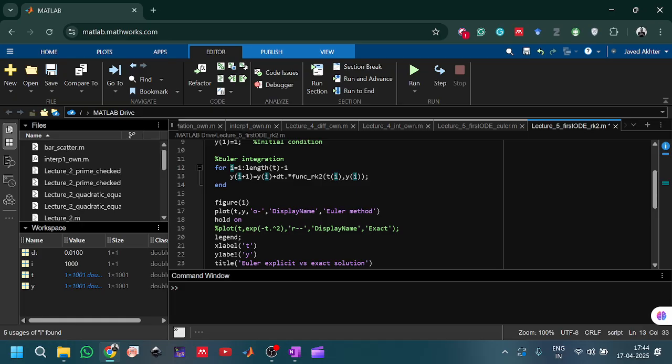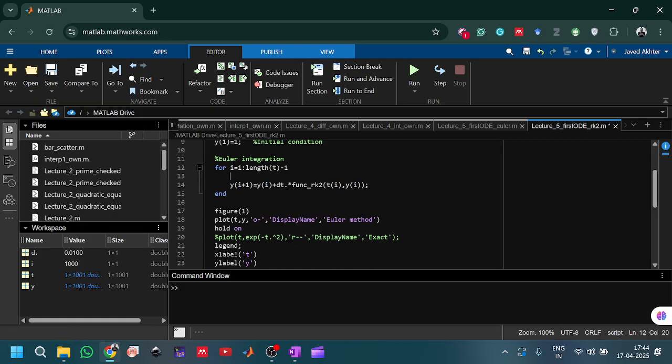Now I have to give it the values, and I have to be careful here. So how can you write this? You have to define what your K1 and K2 are. K1 is basically this function evaluated at Ti, Yi.